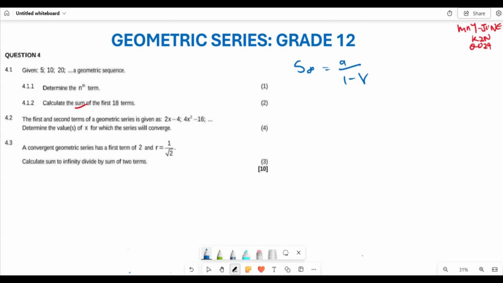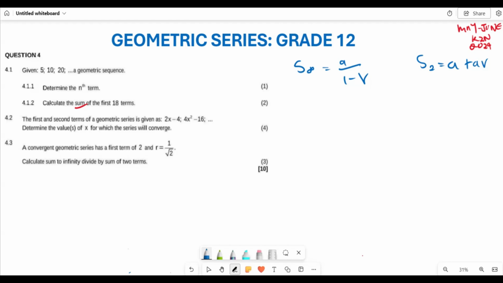The sum of the first two terms: when I say I'm looking for sum of two terms, remember this is same as a plus ar, if I'm not mistaken, right? That's going to be my sum of two terms. So now let's see what I can do from here to solve that, right?